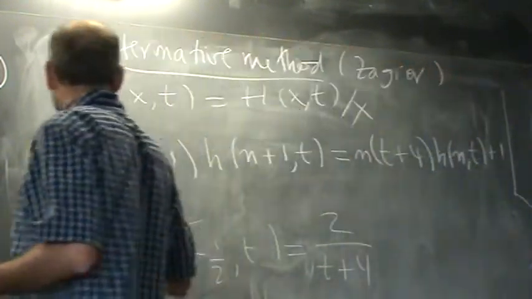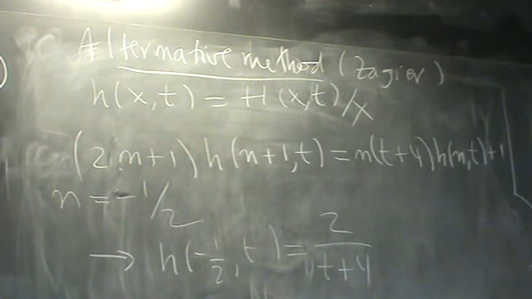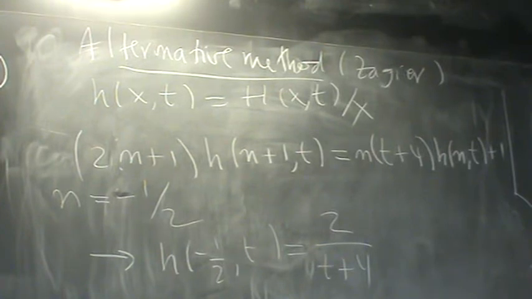And now by induction, you have the original term in the recurrence. So by induction, you can prove that h of -n plus 1/2 of t is 4, t plus 4, n 2 inches n.